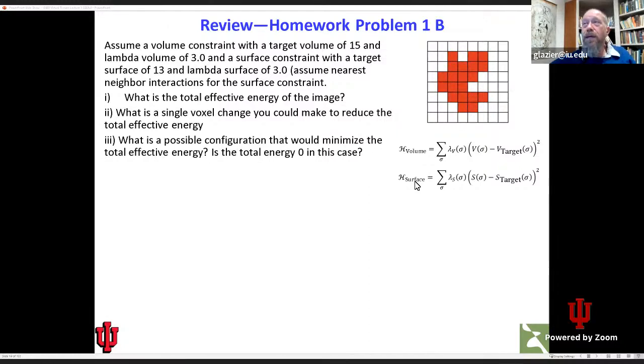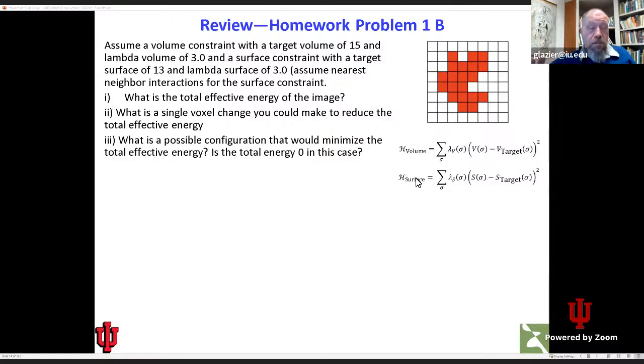So 1B added a surface constraint, and the purpose of this was to think about the fact that you couldn't satisfy the volume and the surface constraint at the same time necessarily. And what you'll find is that actually there's a reasonable range of target volume.